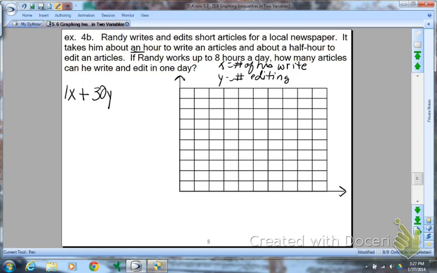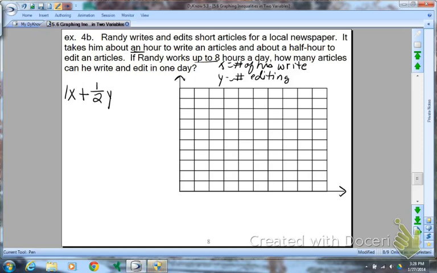That means 1 hour, 1x plus 30y, meaning 30 hours. You have to be consistent. You can't talk about hours one time and minutes the next. So 30 would not work. What would we need to write? 1/2. Okay, you have to be consistent with hours. Can't be hours for X and minutes for Y.